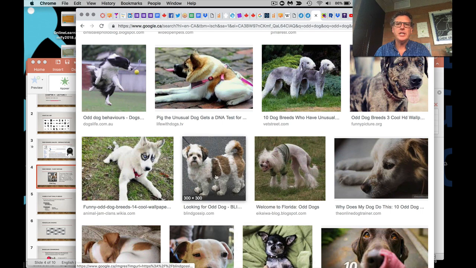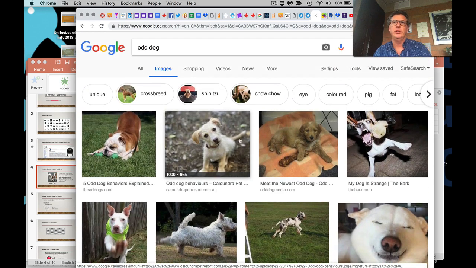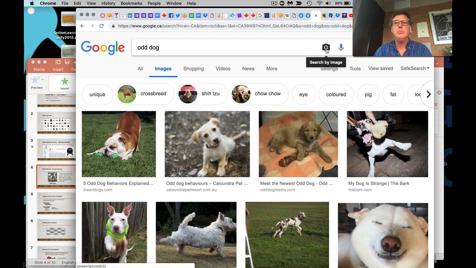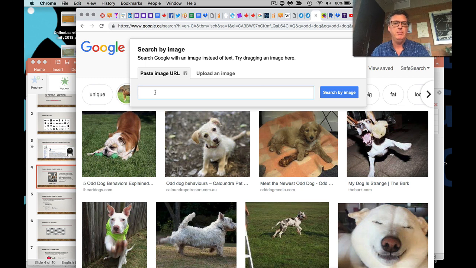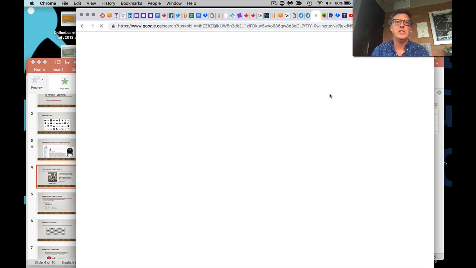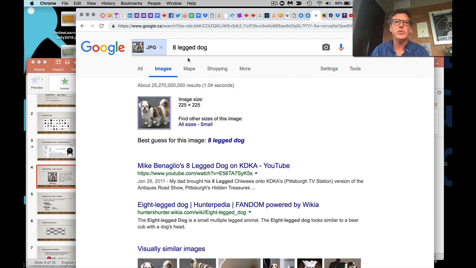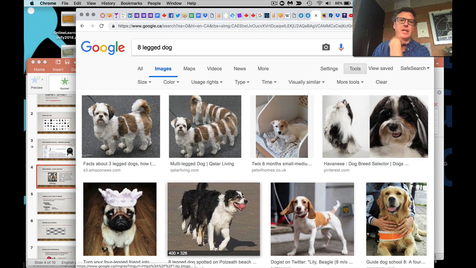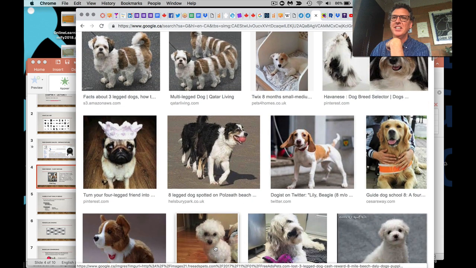So imagine now we see this out in the world. I don't know if you know you can do this, but on Google you can search by an image. So we can actually use the image instead of words as our search cue. And we can say, show me similar images. And here we have some similar images.